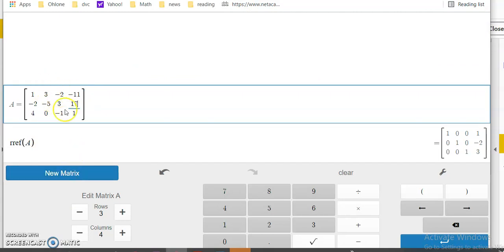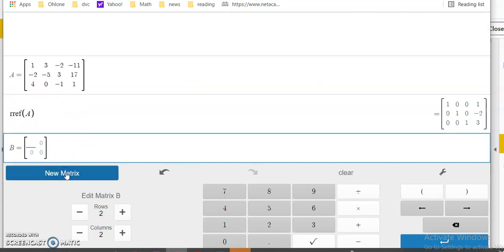You can say new matrix, and this is only 2 by 2, so you need another column: 1, 2, 1, and then negative 3, 2, 5.